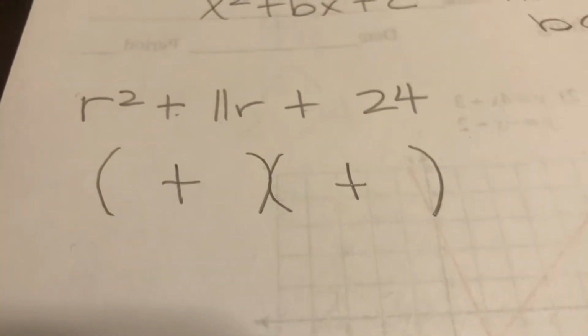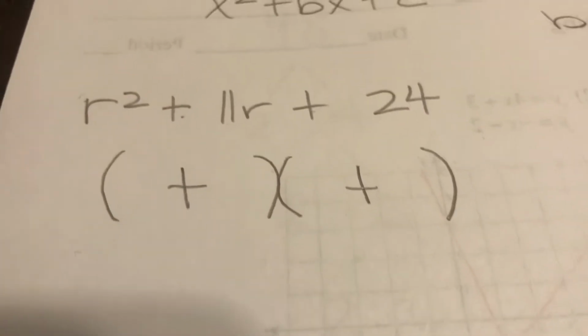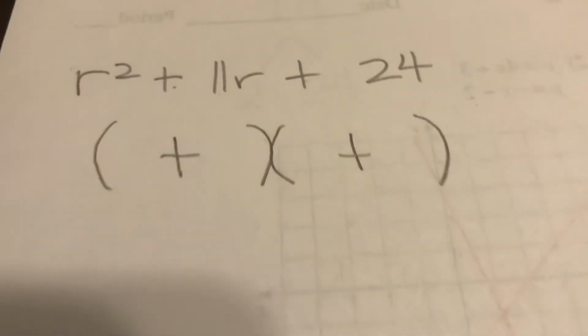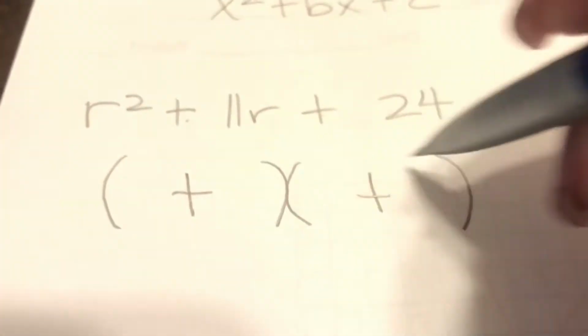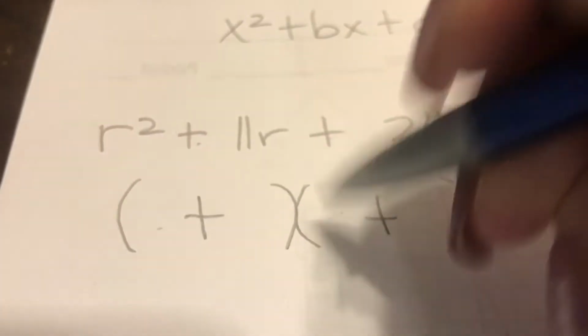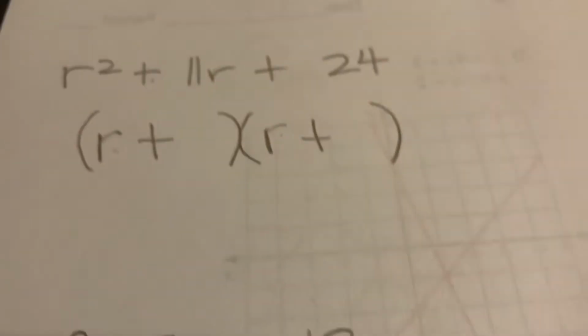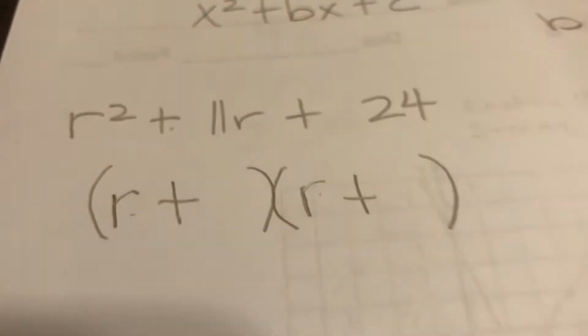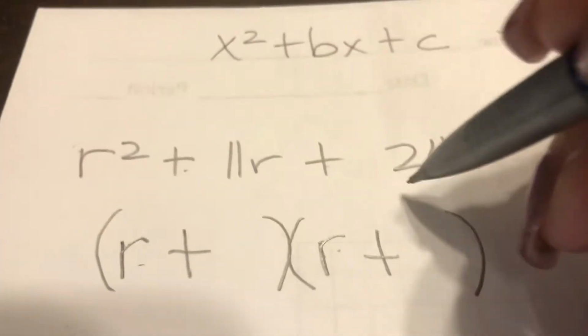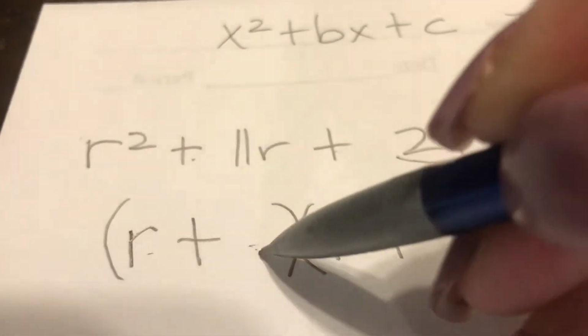And then I know using FOIL, the way that I got r squared with my first terms in my binomials was an r times an r. Well, to get 24, I had to multiply these last terms in my binomials.